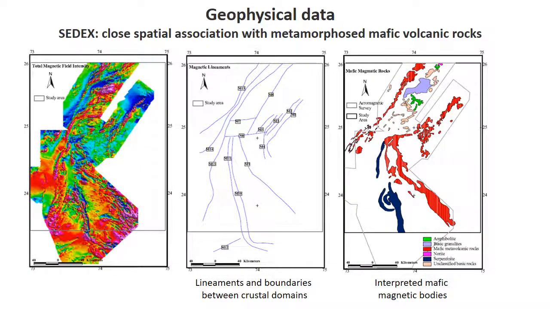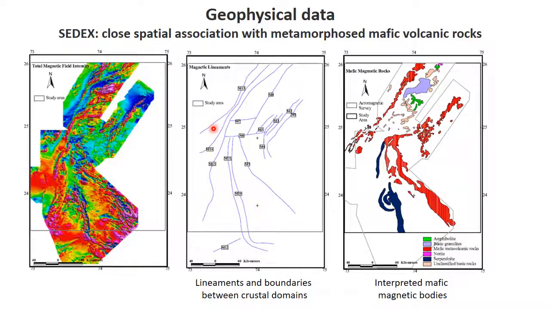Then we have geophysical data. So in this case, because we're dealing with mafic material, we're looking, of course, at magnetic field intensity data, from which we can do a number of things. First, this data is often used to extract lineaments. That can be done with, say, computer vision programs that extract these linears here in the middle.